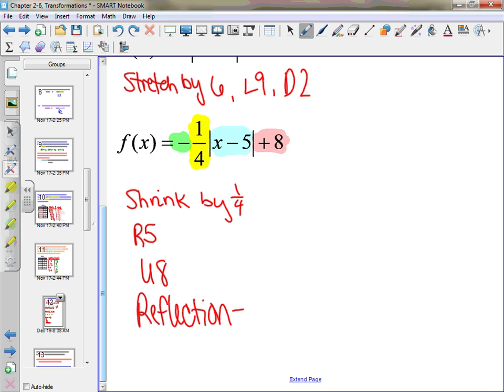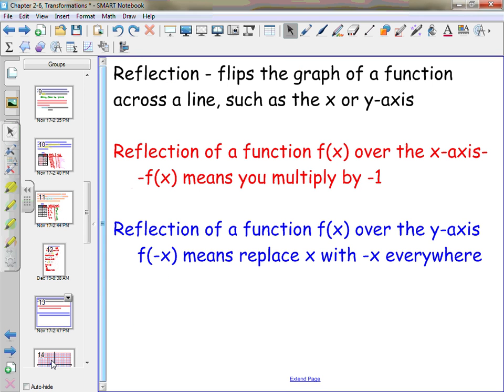And more importantly, which axis does it reflect over? The y-axis, which is the vertical one, or the horizontal one, which is the x-axis? It reflects it over the x-axis.